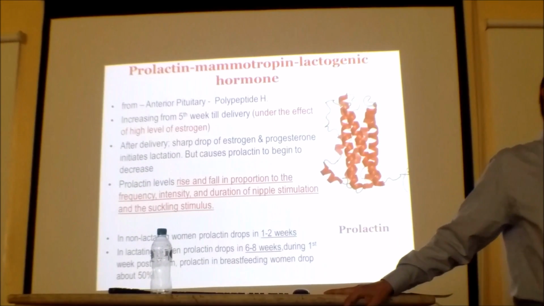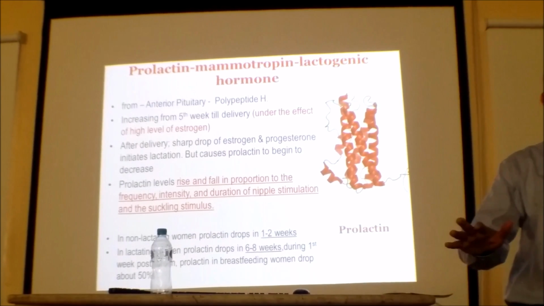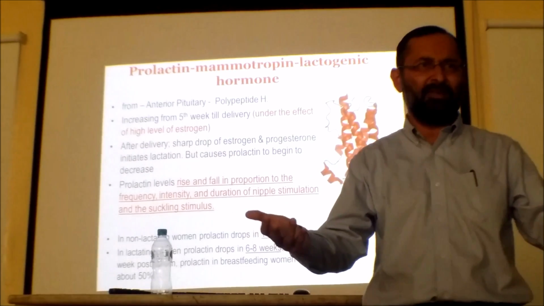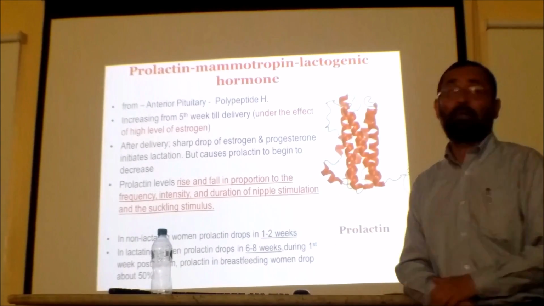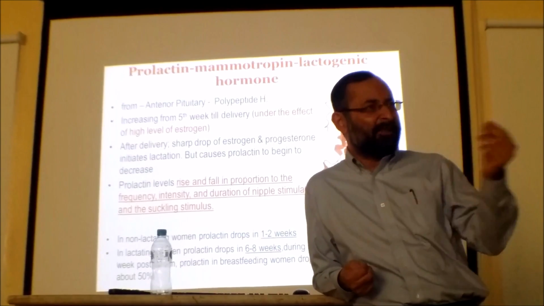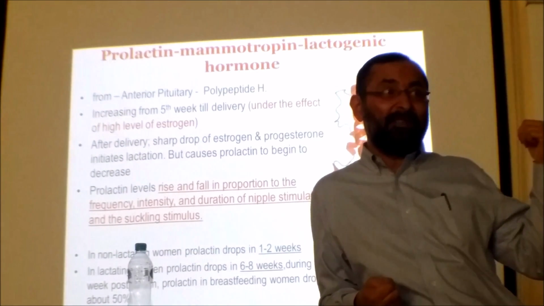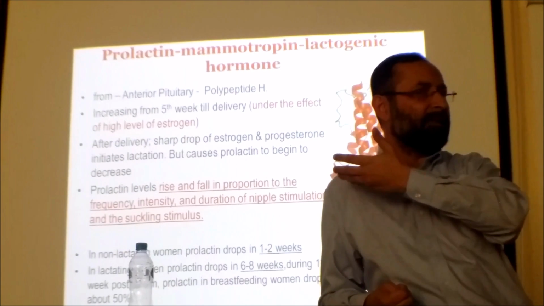Few points about prolactin only, because it's a special hormone and it needs discussion. We'll not talk about estrogen, progesterone. We have had enough of it. Prolactin is a very special hormone. It's coming from the pituitary, from the lactotrophs. When it is secreted, in which phases of life, we have talked about that previously. No need to talk again.